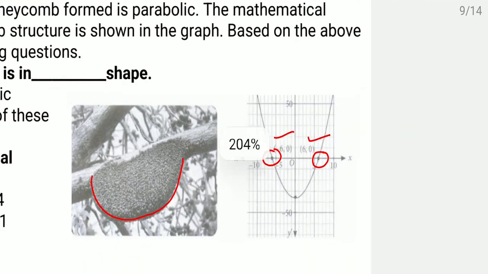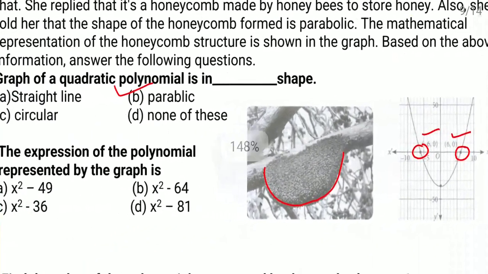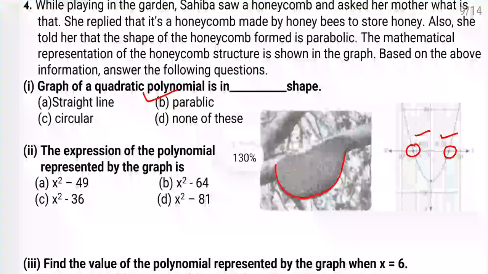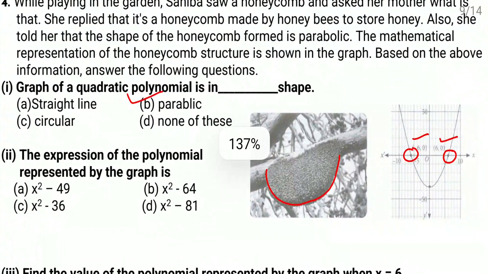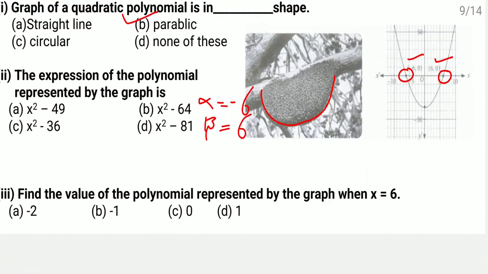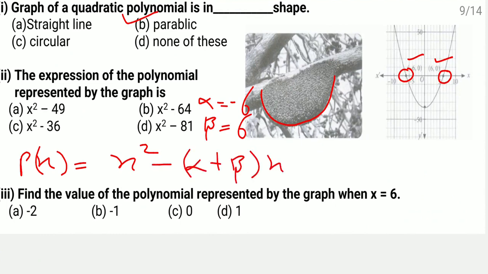So here I will just write down 1 zero here. So I will write alpha, which is equal to minus 6, and beta, which is equal to plus 6. And the format of a quadratic polynomial is p of x, which is equal to x square minus alpha plus beta x plus alpha beta.